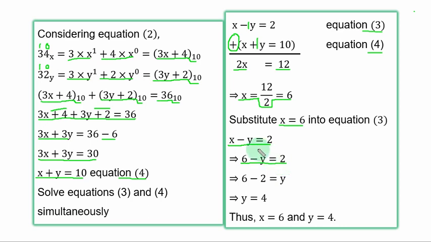The best option here is to transfer minus y to the right hand side. It becomes positive, and transfer plus 2 to the left hand side, it becomes negative. So you have 6 minus 2 equal to y. It implies that y is equal to 4. Therefore, s is equal to 6 and y is equal to 4.